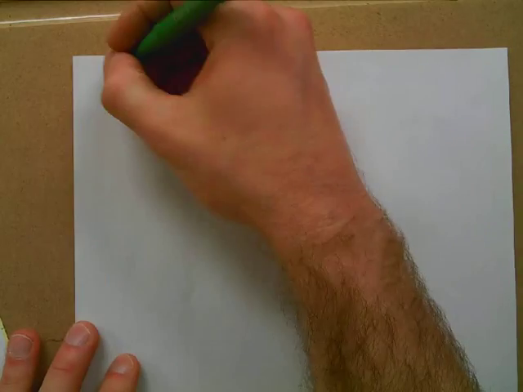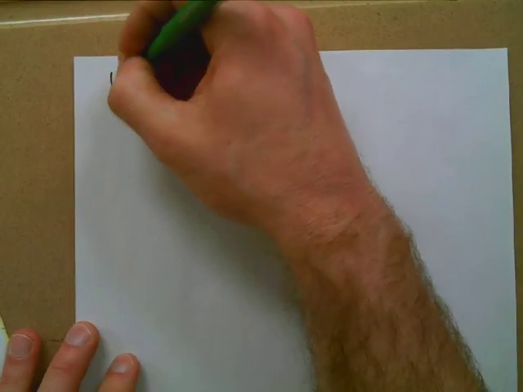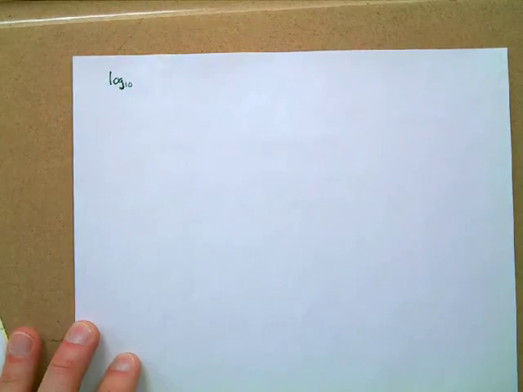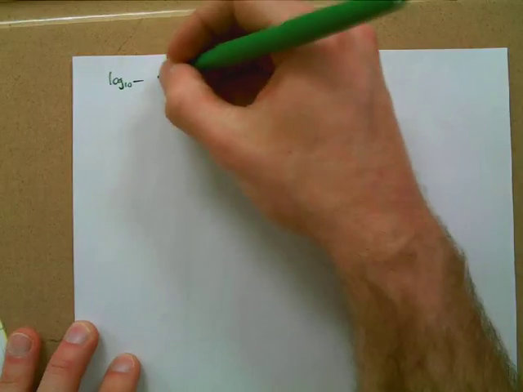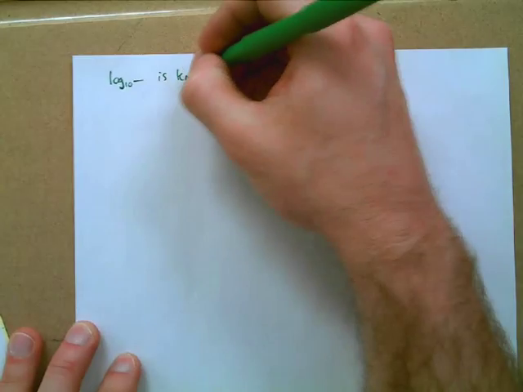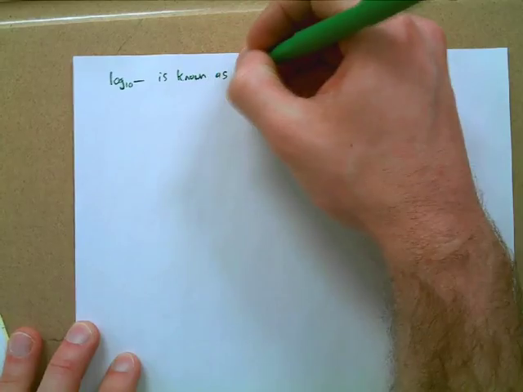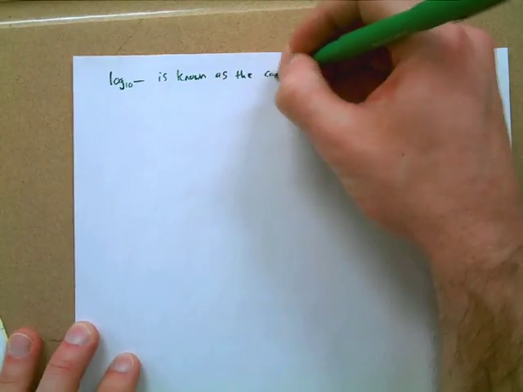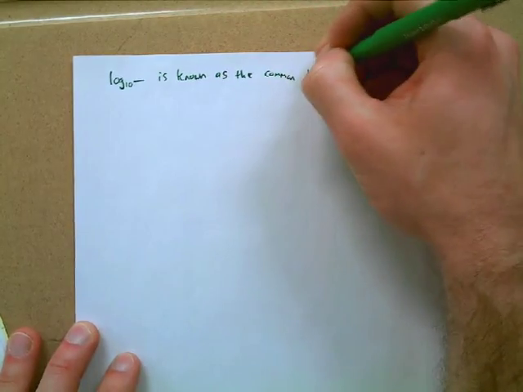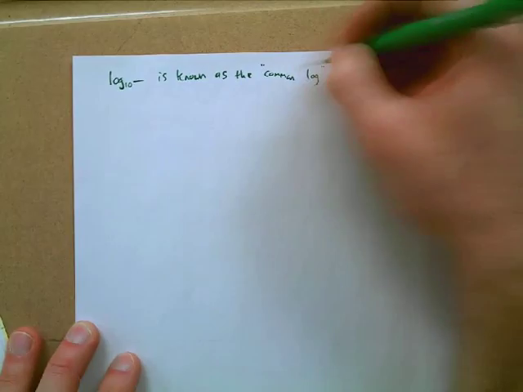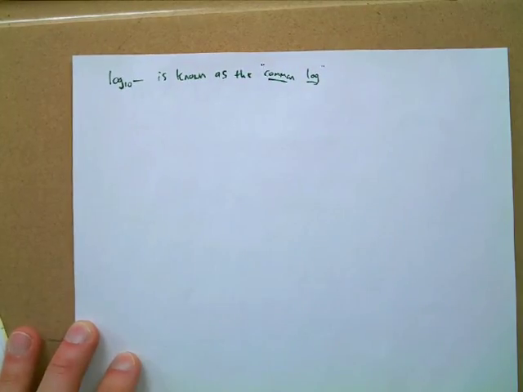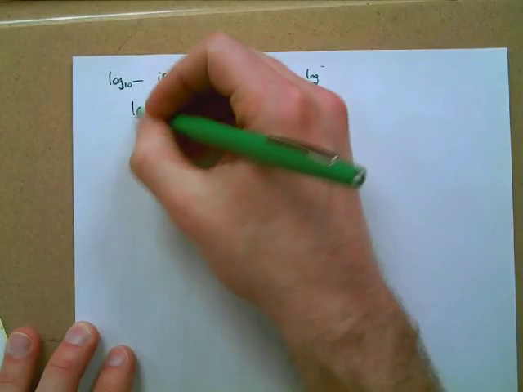So, some special logarithms you'll run across. Log base 10 of something is known as the common log. Sometimes, instead of writing log base 10 of something, you'll just see log of something.